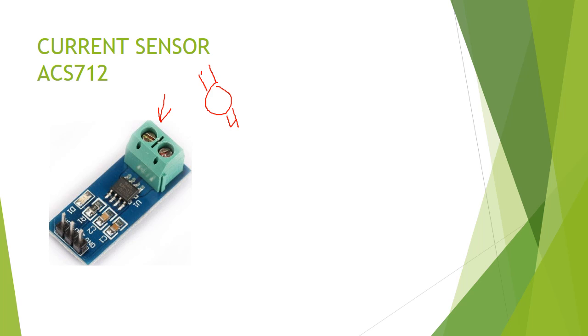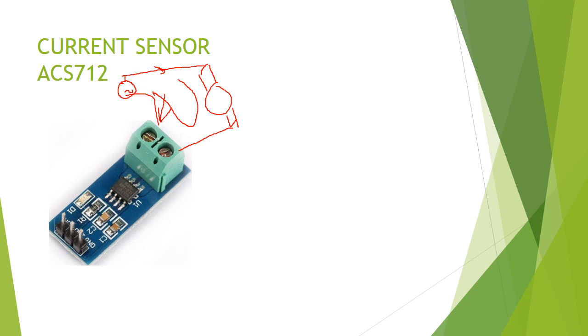So what you do, you put one part here and the other part to the supply. This is how the connection is done. So this is the supply. Here this is the AC motor. Now the current will come here, it will flow from this side and it will go this side.